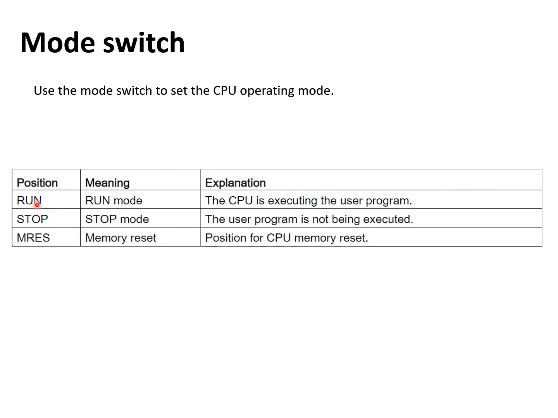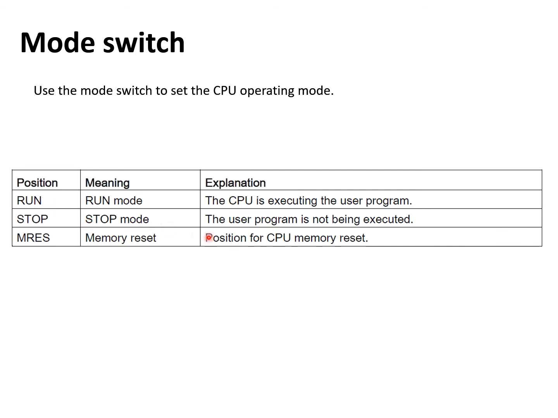So for example, we have run, stop, and MRES, or memory reset, LEDs, and when the system is running, the CPU is executing the user program. So the run LED is a green LED.